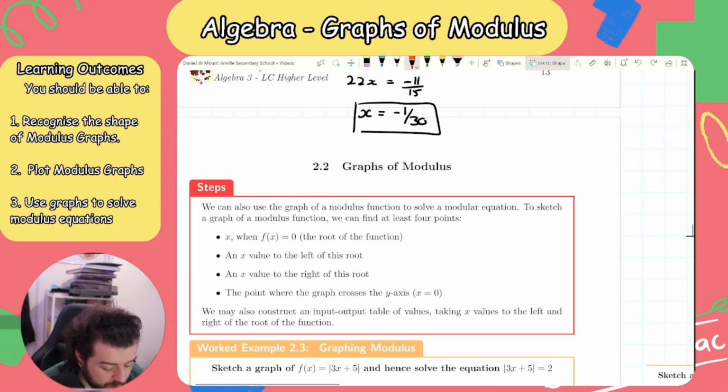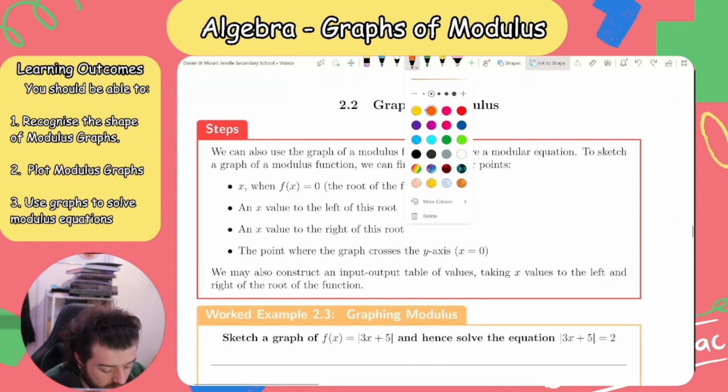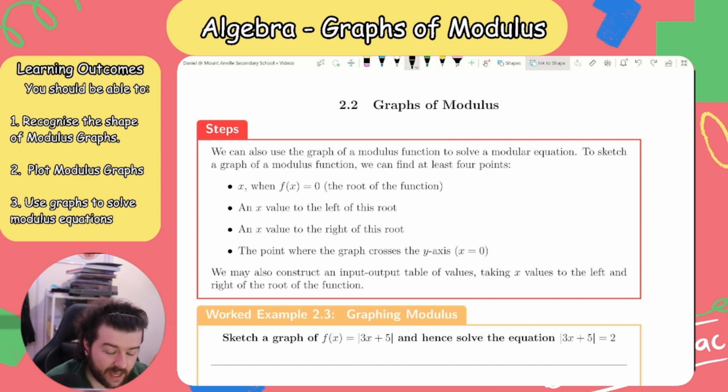So how do we sketch or graph a modulus? The best and easiest way is to find a few points of your modulus. We can use graphs of modulus functions to solve a modulus equation. To sketch a graph of a modulus function, we can find at least 4 points.